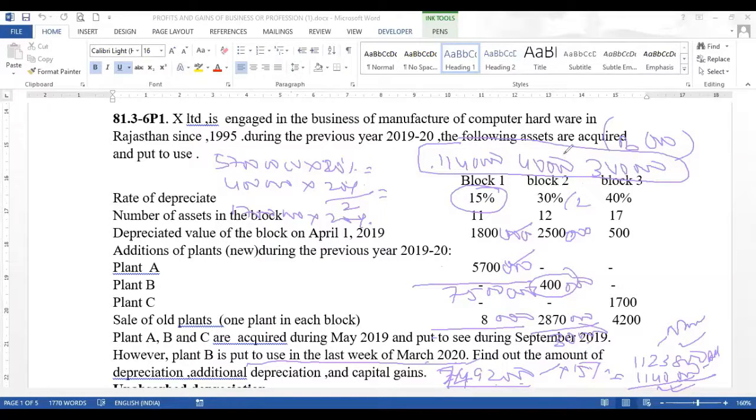But you got additional depreciation of 40,000. Therefore, for block 2, normal depreciation is WDV 30,000 multiplied by 30% into 1 by 2, which gives 4,500, plus additional depreciation of 40,000. Therefore, you will get 44,500. Now, can you calculate the WDV for this third block? All of you, please calculate the WDV for the third block.